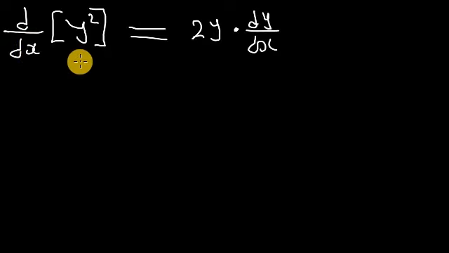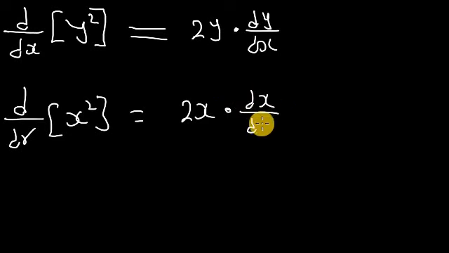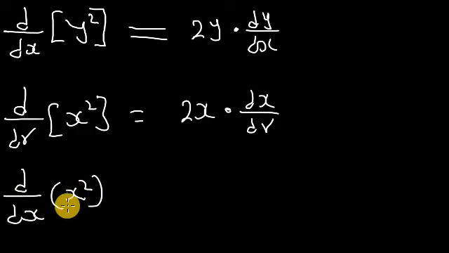After the differentiation, you will need to multiply by what you differentiate with respect to what you use to differentiate it. So if you differentiate x squared with respect to r, this will become 2x, then multiply by dx/dr. So why is the differentiation of x squared with respect to x equal to 2x?